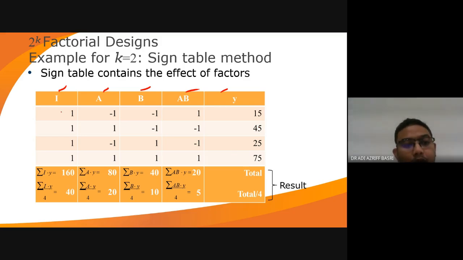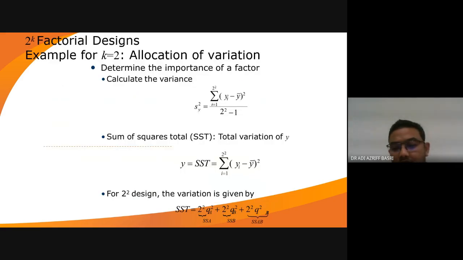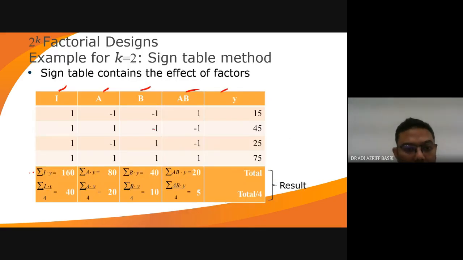So your I is 1, 1, 1, 1. So the summation of I times y equals 160. How do you do it? I times 15 becomes 15 plus 45 plus 25 plus 75, you will get 160. And this 160, you need to divide by 4 because you have 1, 2, 3, and 4. That's why it becomes 40.